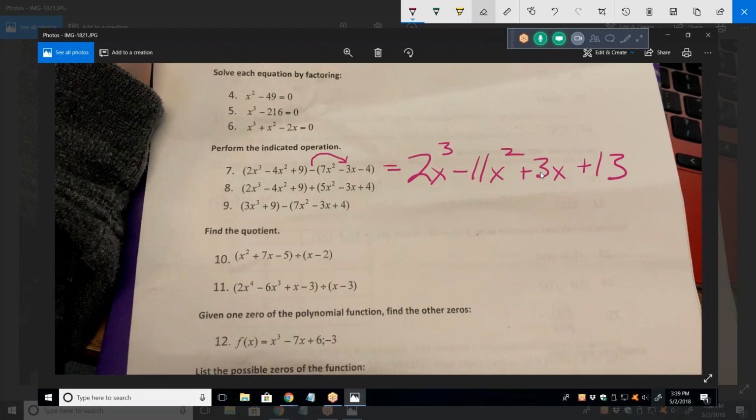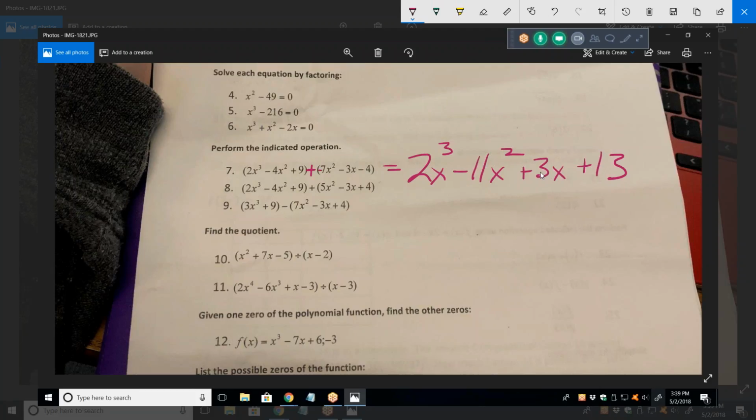That's your answer. The only difficult part of this entire problem is when you see a negative sign like that, then do what I suggest everybody do. Turn it into an addition problem. For me to turn it into an addition problem, I got to change the sign of everything that was being subtracted.